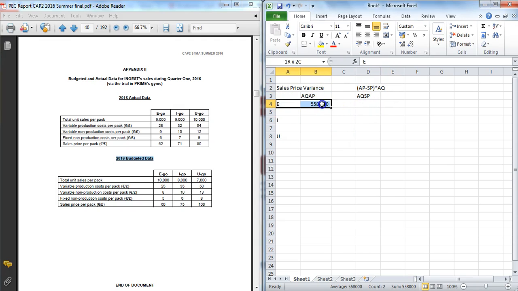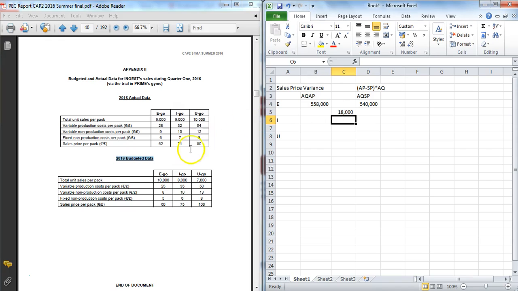So for Ego, it's 9,000 times 62, and the actual quantity is still 9,000, that's the actual quantity you sold, but your standard price, or what you thought you'd sell it for, was 60, so 9,000 times 60. So the difference here is 18,000, so 558,000 versus 540,000. Now here's where students need to think about, well, is it favourable or adverse?